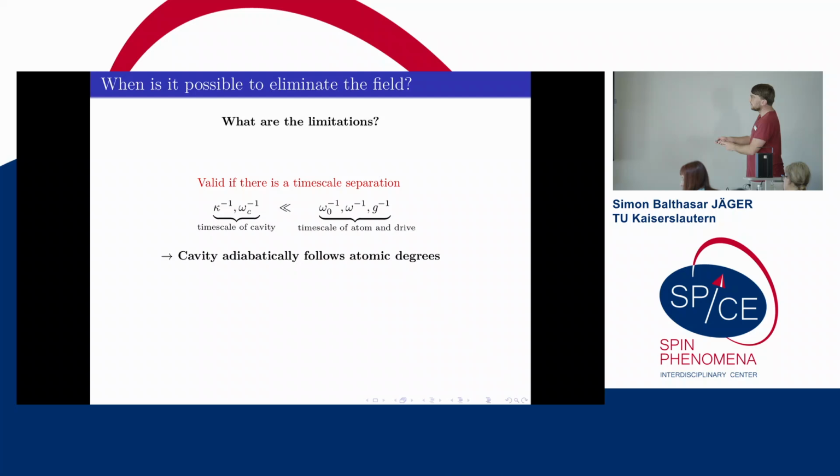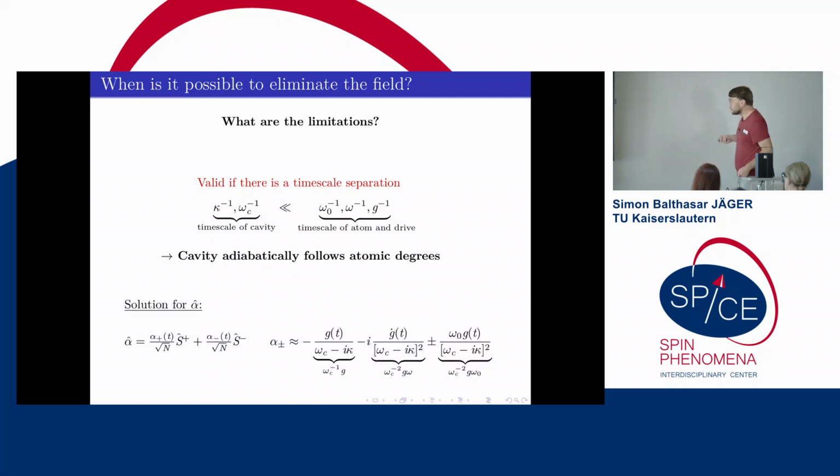That's typically true if kappa and omega c are by far the largest frequencies. In that case, I can eliminate the cavity degrees of freedom. I want to state, however, that this does not get completely rid of all retardation effects. It's not just an instantaneous adiabatic solution, and that's actually important.